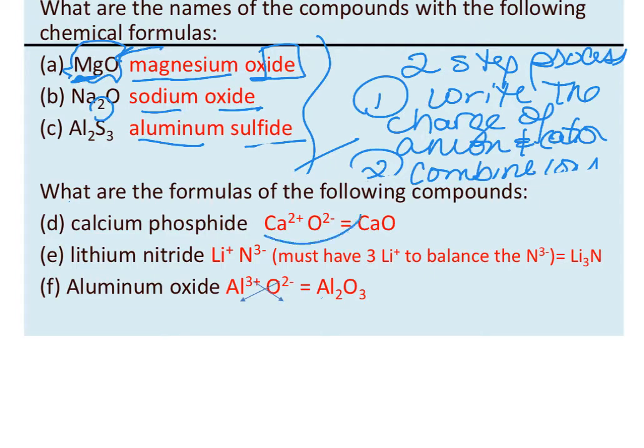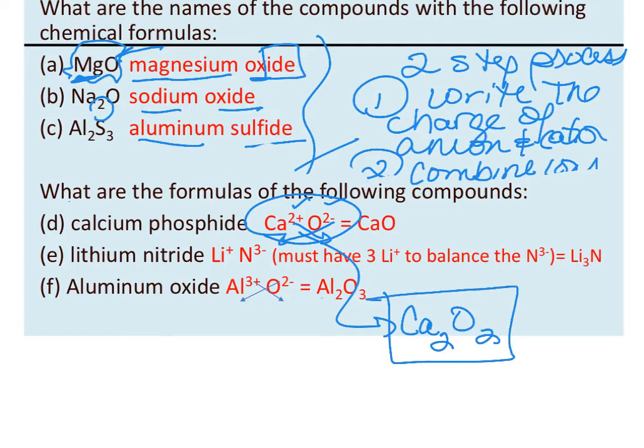So here's a really good example. Calcium and oxygen. If you did swap and drop without thinking, like hopefully you'd see, okay, the charges are the same. I'm just going to put them together in a 1-to-1 ratio. But if, let's say you had test anxiety and you just swapped and dropped, you would get this, okay? That is not the same thing as calcium oxide, and you would get it wrong.